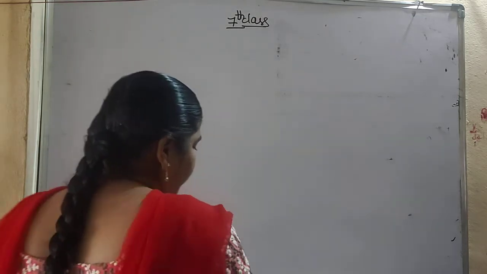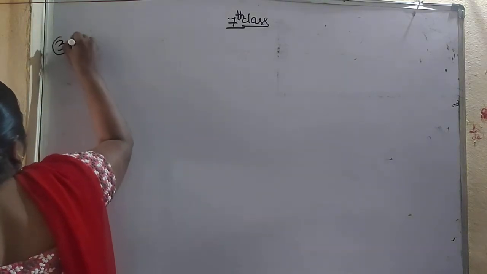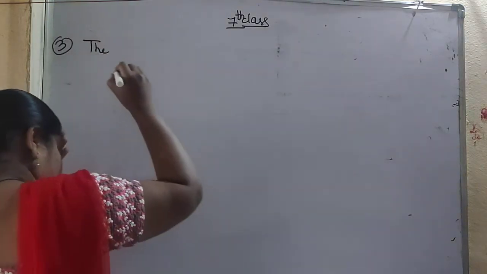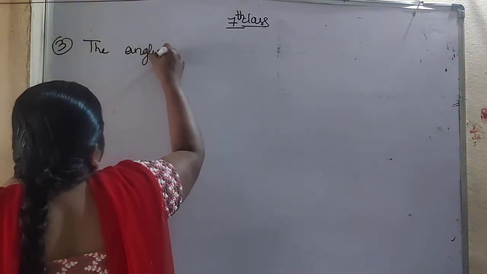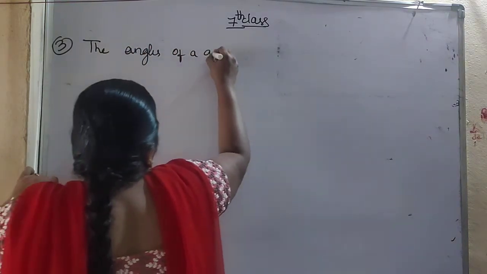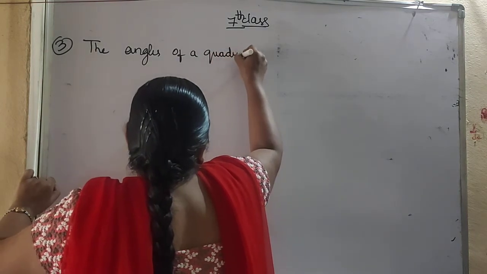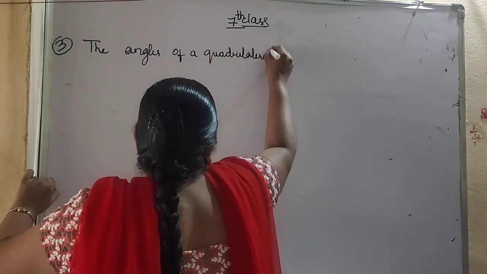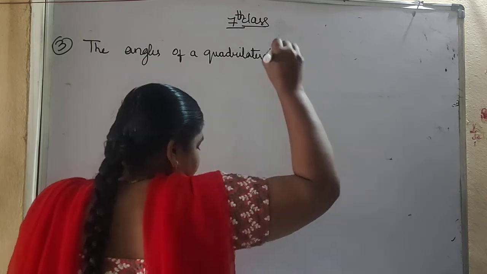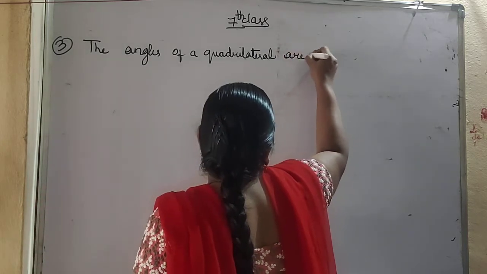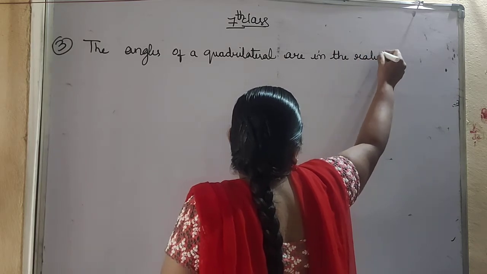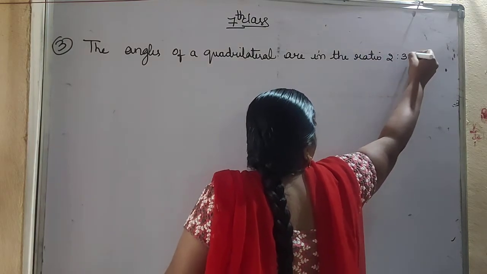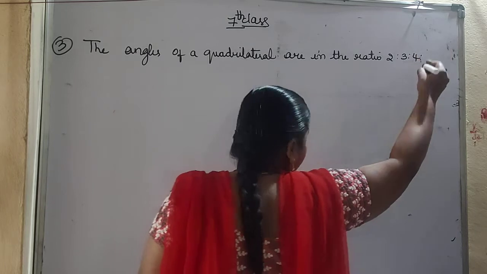So first we will write the question. The angles of a quadrilateral are in the ratio 2:3:4:6.